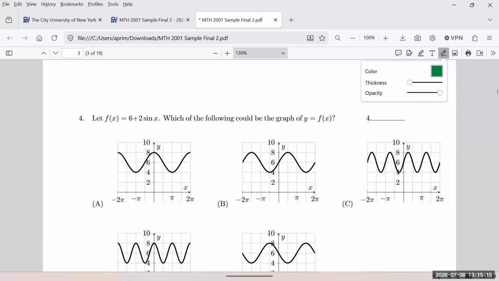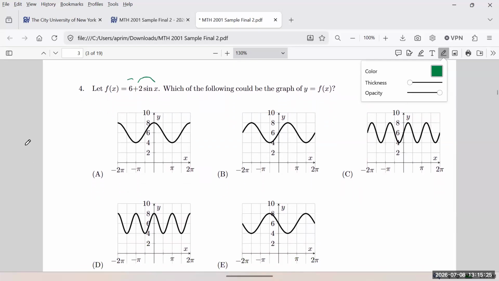Okay. 2 sine x, and then you are shifting 6 units up. So 2 sine x. Which one makes sense? Period is 2 pi. They give it 2 pi. Good. And then 2 sine x plus 6.